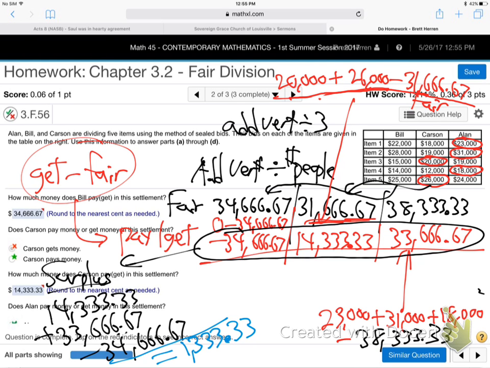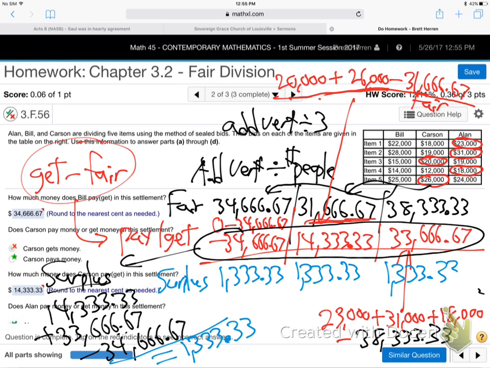Did you guys get that? That's the surplus. 1,333.33. And now we're ready finally to do the final.